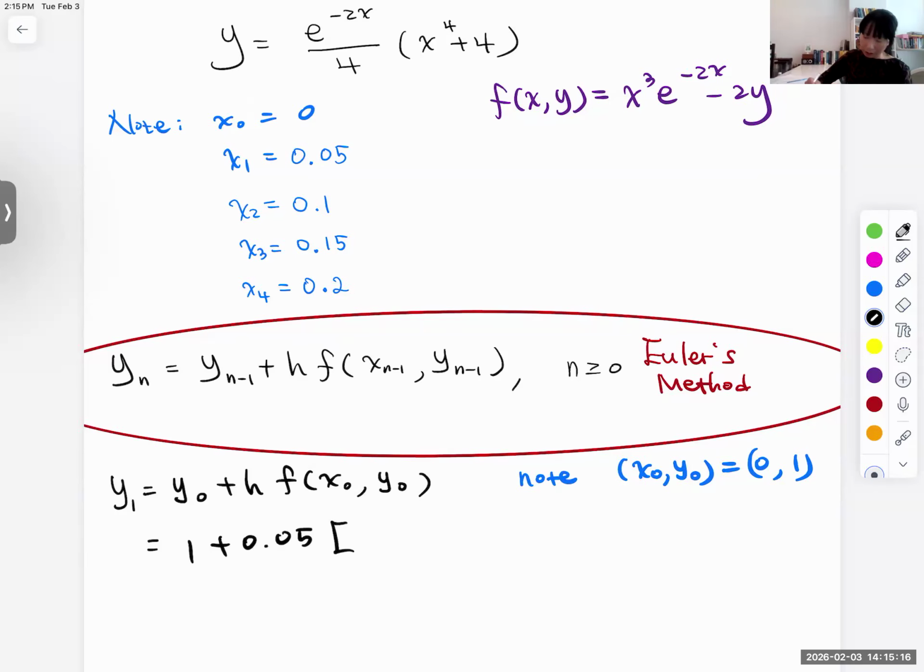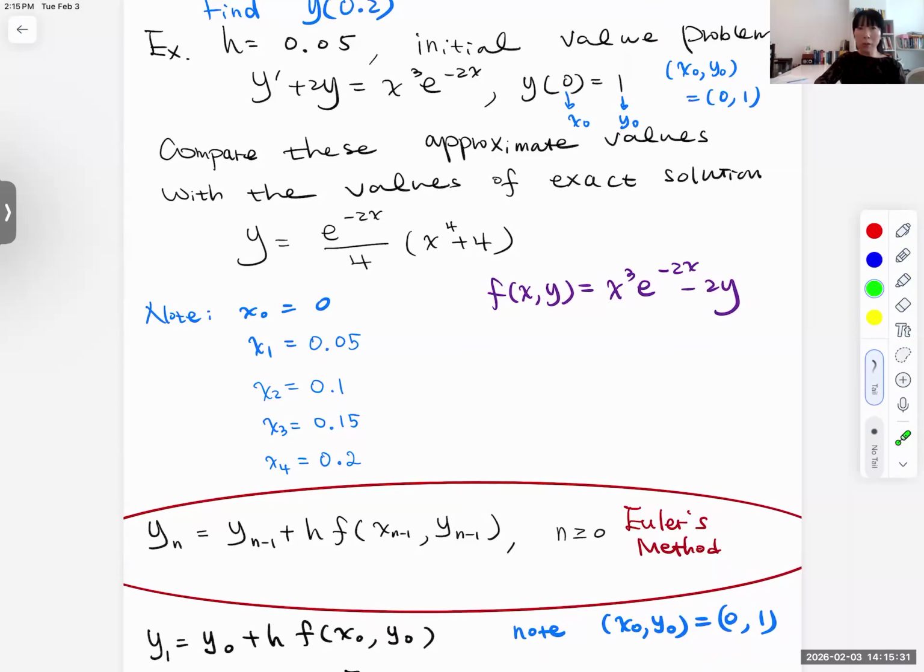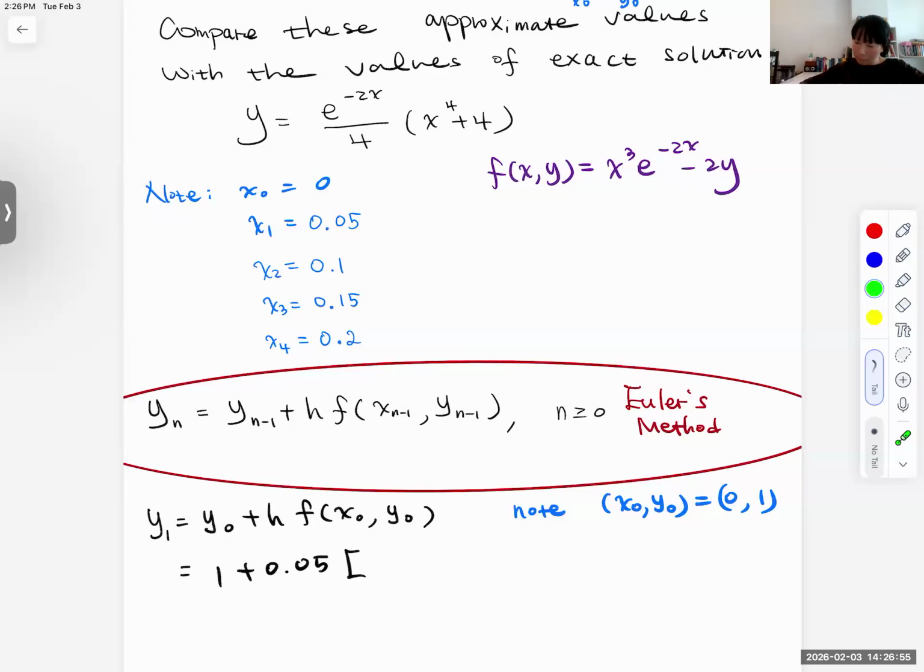Hold on one second, let me find it. Okay, so I can find the function here, right? So using x equal to 0, we have 0 minus 2 times 1, right? Okay, now can you please calculate?